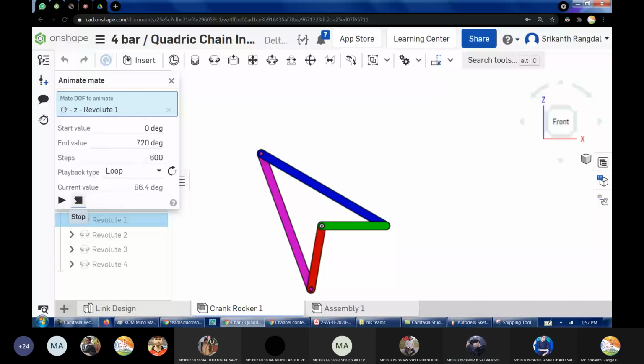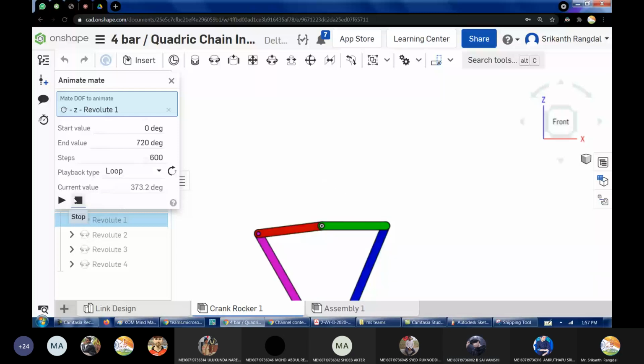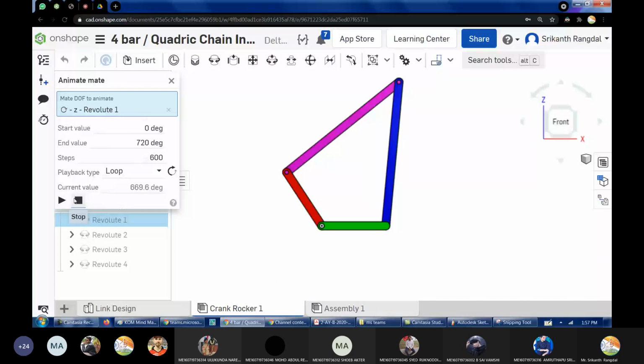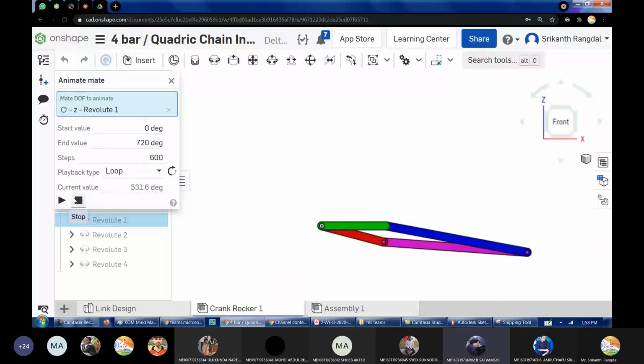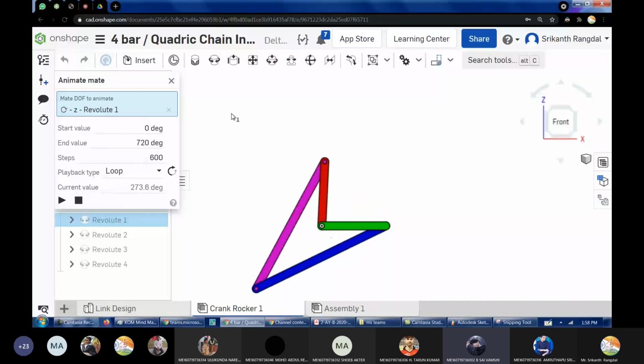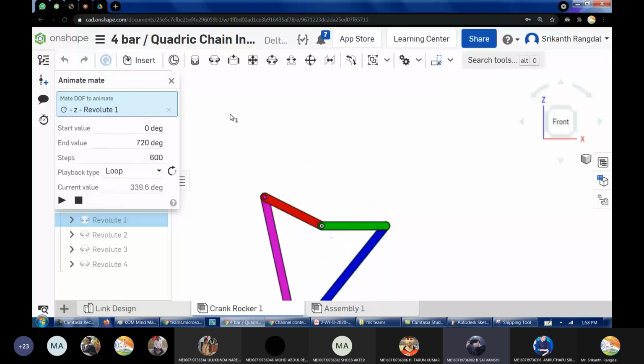So by the time the blue link completes 1 rotation, the red link is able to complete 2 rotations. Unique, isn't it? Yes, sir, very unique. Fine. So sir, is the opposite possible? We will do that in a minute.